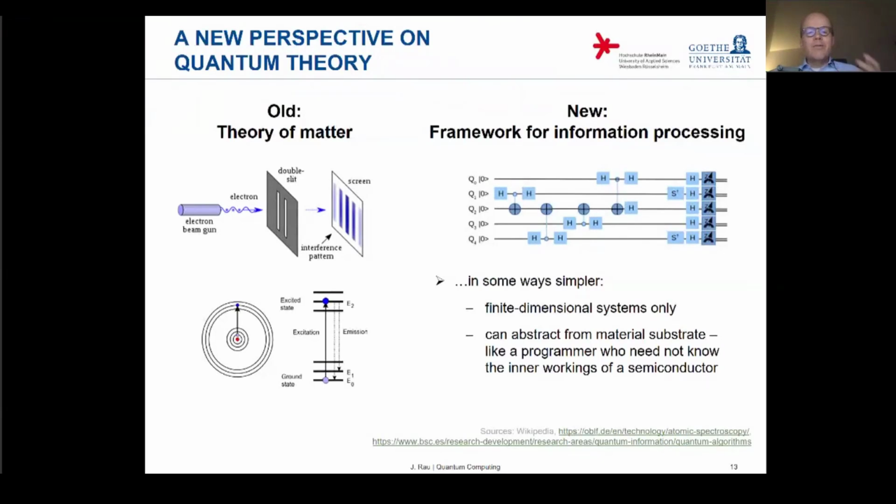All the interesting insights into quantum information processing are really independent of the matter that is carrying that information. And this is precisely the reason why also non-physicists are getting involved in quantum computing, especially computer scientists are now getting very interested in quantum computing as well.